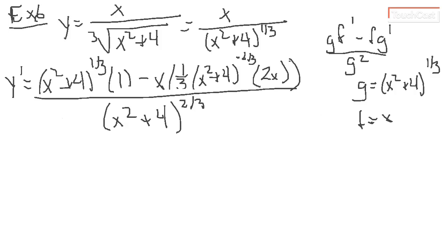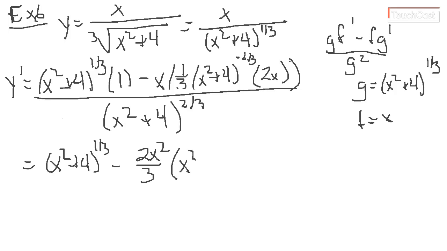I'm going to clean up what I've got in my numerator. So I'm going to rewrite x squared plus 4 to the 1/3. And if I multiply it by 1, I can actually just get rid of the 1. Minus, in that next term, I can multiply my x, my 1/3, and my 2x. So I can have 2x squared over 3 times x squared plus 4 to the negative 2/3.